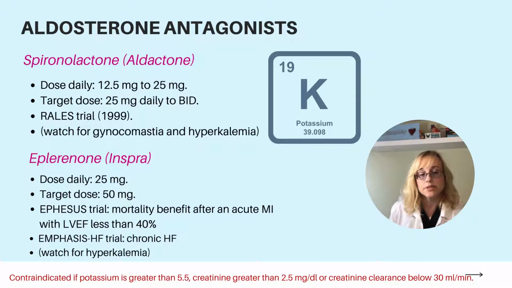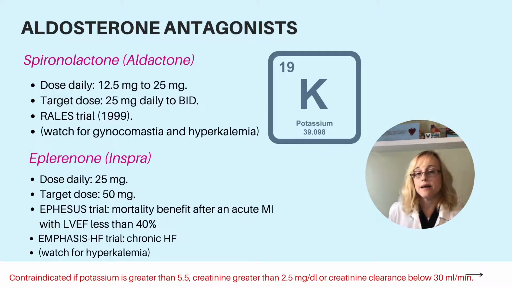Now, the EMPHASIS trial established the significant benefits of adding eplerenone to an ACE inhibitor or ARB and beta blocker. The EPHESUS trial found mortality benefit post-acute MI complicated by left ventricular dysfunction and heart failure.